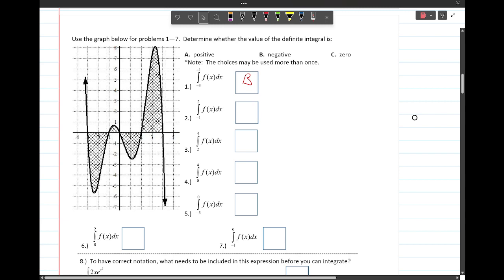Okay. Anyway, where is -1 to 2? So what they're doing here, and you have to realize this, is that this area is obviously and evidently much smaller than this one.